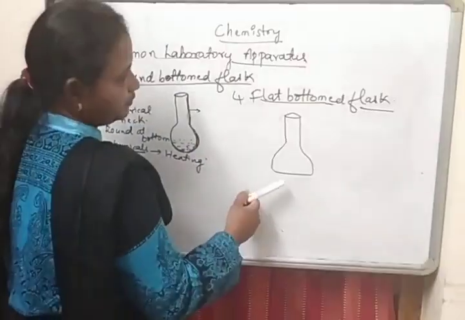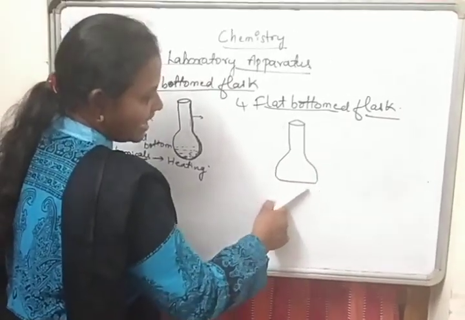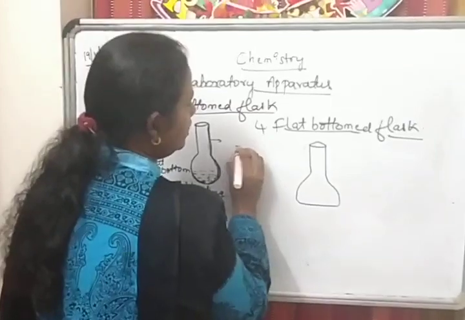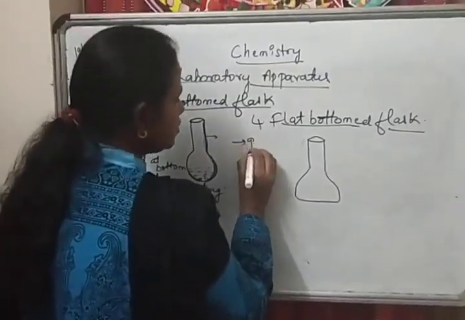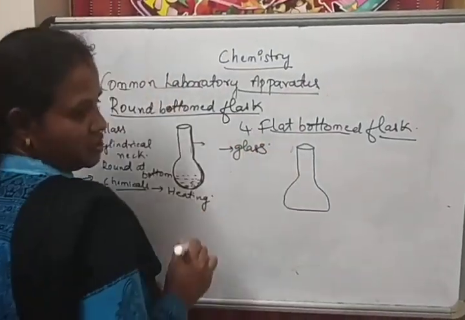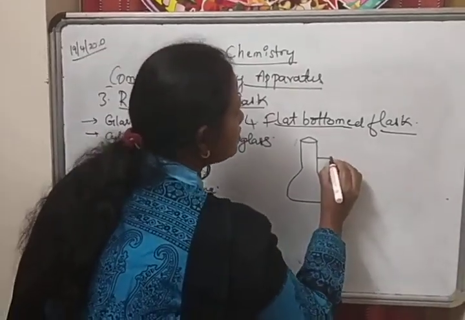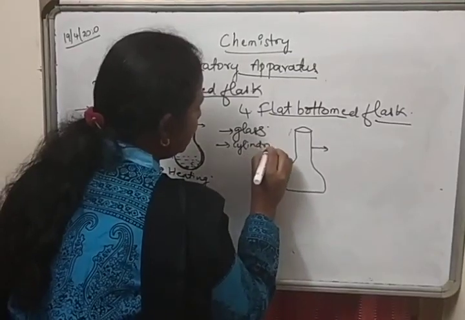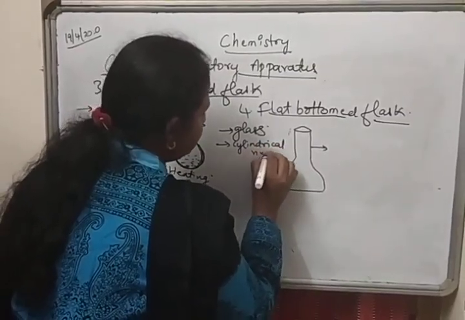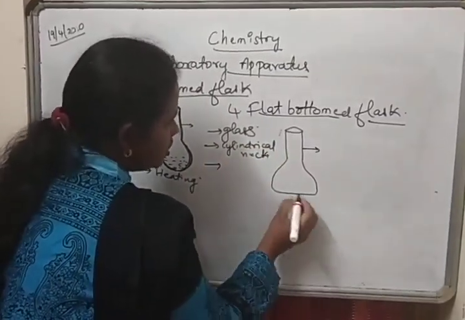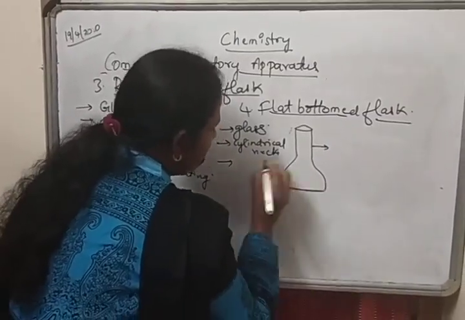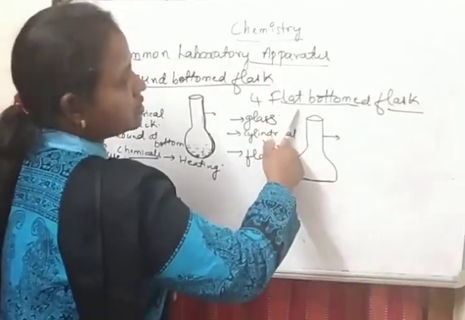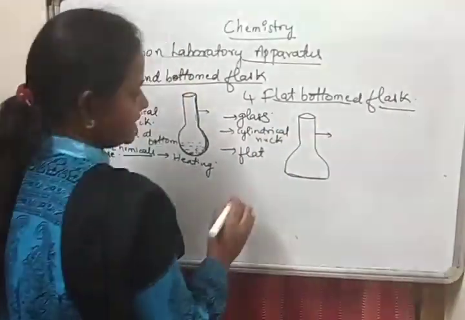If you see, the bottom is flat in its nature. Now, let us learn the design. It is also made up of glass material and it also has the cylindrical neck region. And the bottom is flat in its nature. So the name is flat bottom flask.